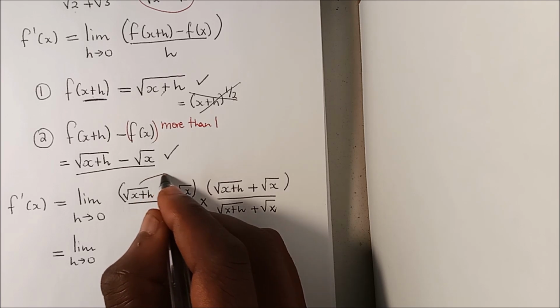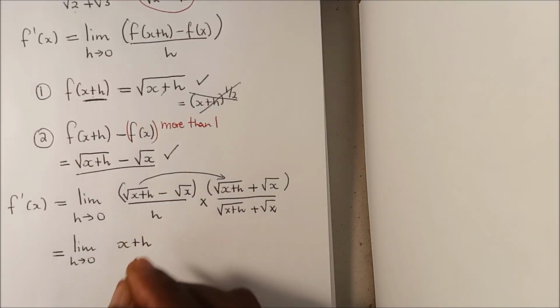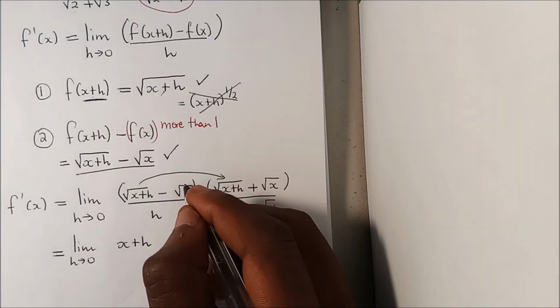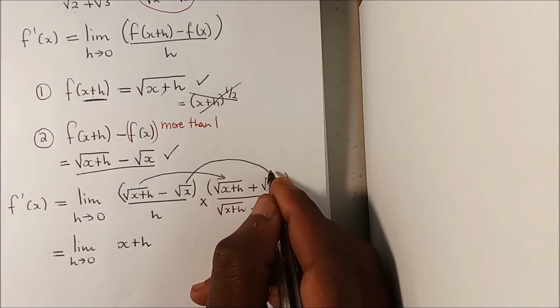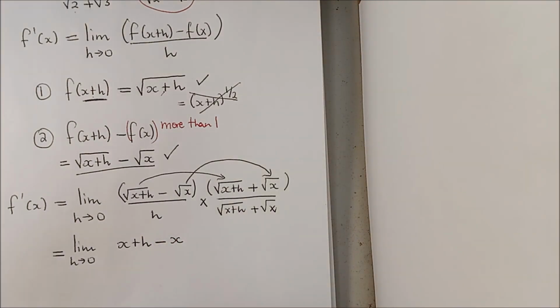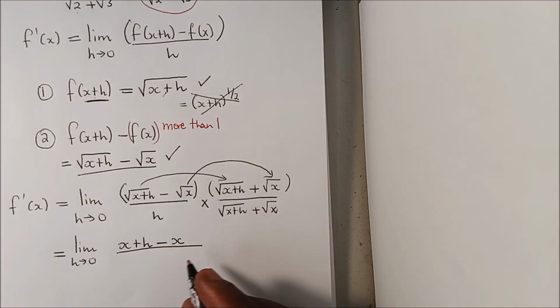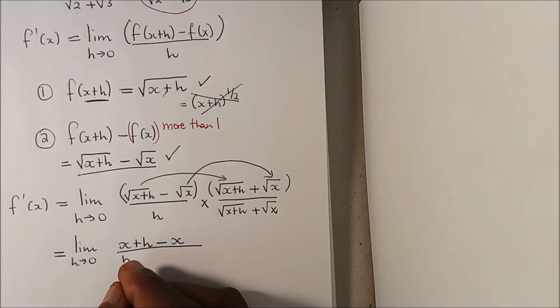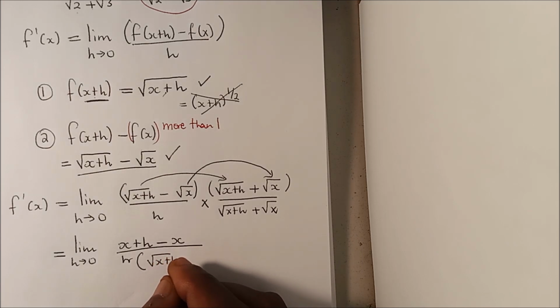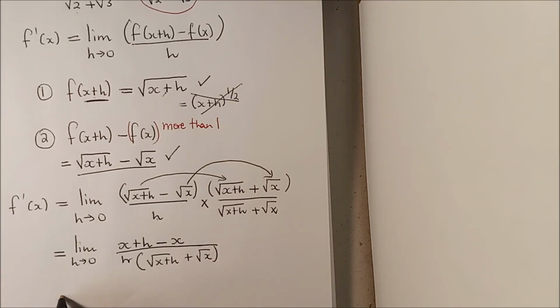First term, this one multiplied by that one, will be x plus h, and the last ones, square root of x multiplied by square root of x, will be minus x. If you FOIL it, you'll get the same answer, but I view it as difference of two squares. So now what do we have here? We have h into the square root of x plus h plus the square root of x. So this is what you have.